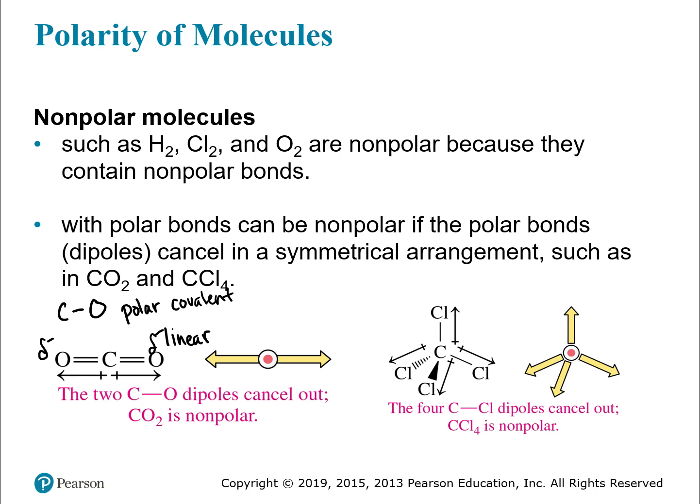In CCl4, carbon tetrachloride, you have 4 different electron groups and it's tetrahedral. The carbon to chlorine bond is polar, but because of the direction of each of those, you cancel out all of the dipoles.